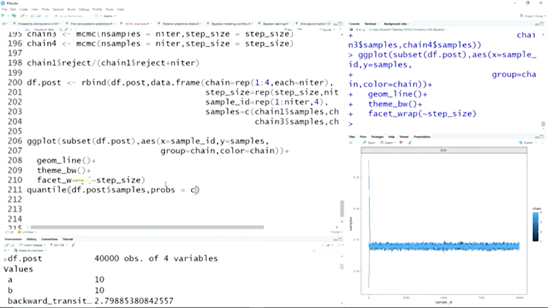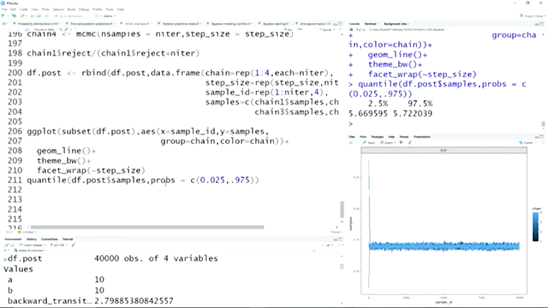So I'm going to calculate 95% credible interval, which comes out to be 5.67 to 5.72. Okay, which is good. I think the actual true parameter value that we took to do this was 5.7 or so. So this is really good.